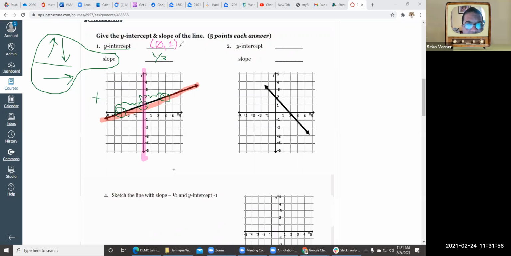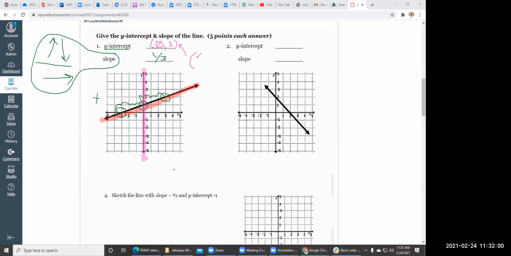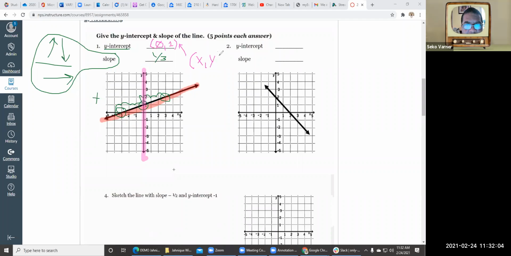Now we talked about ordered pairs. So this is an ordered pair. An ordered pair is X, comma, Y in the parentheses. The X is left or right, and the Y is up or down.